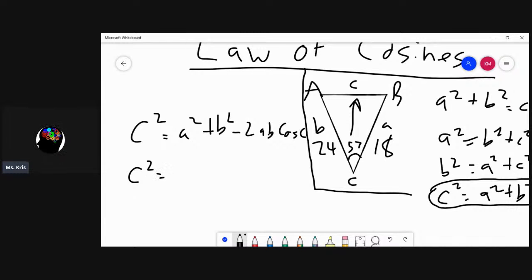So now, C squared equals A squared, which is 18 squared, plus 24 squared, because B is 24, minus 2 times 18 times 24, and that is times cosine of 57.